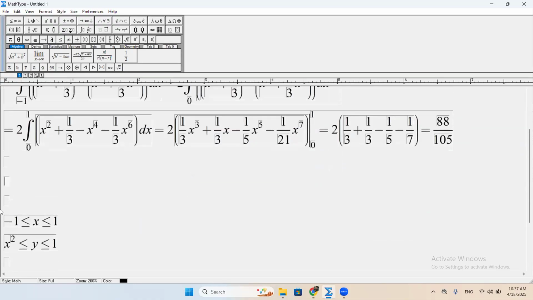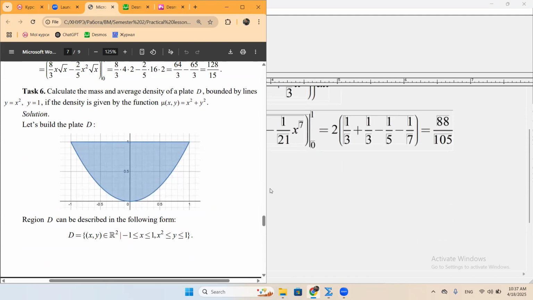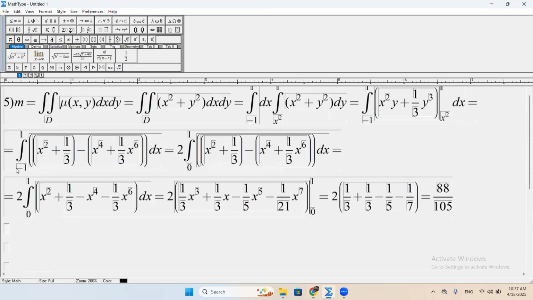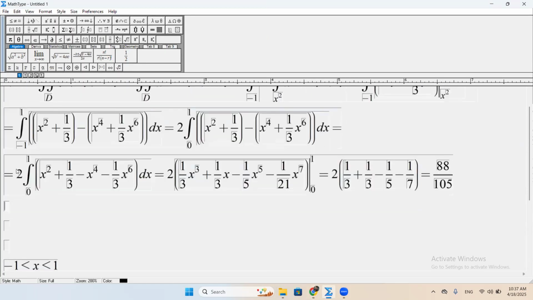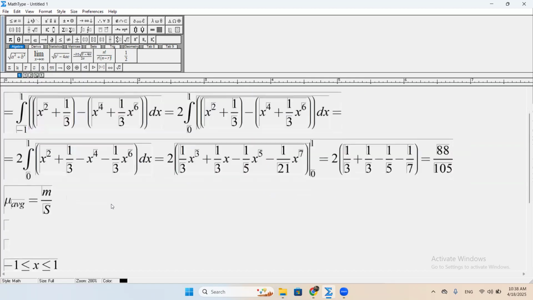And now how to find the average density. The average density is found by the following formula. So we divide mass by the area. So we also need to find the area of this region.